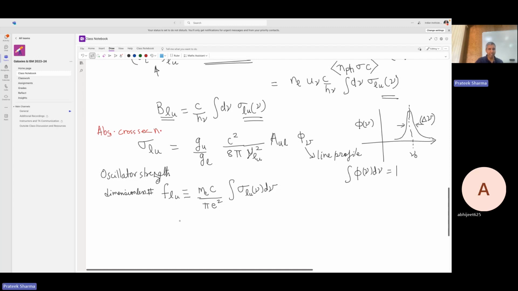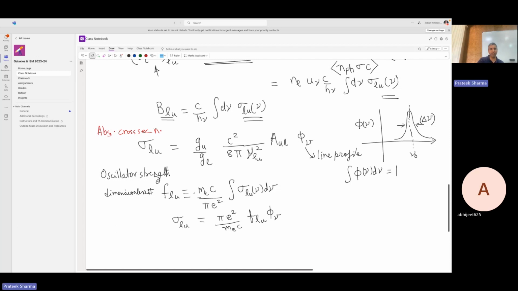So by using these relations, we also know that sigma_LU is equal to pi e squared by m_e c times f_LU times phi nu.